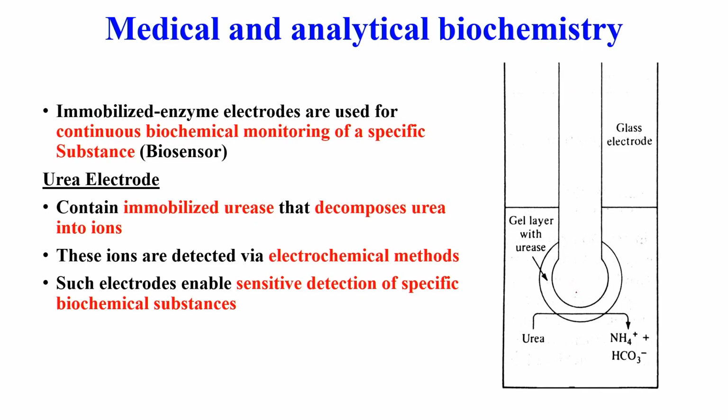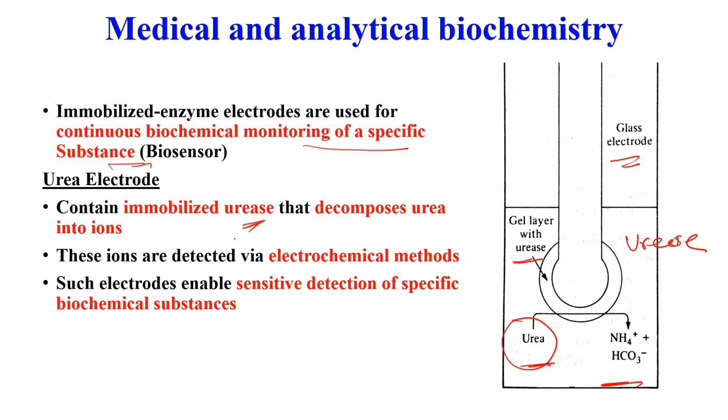Now, next application we will see medical and analytical biochemistry. So, if you can see here, you have this glass electrode which has a coating of enzyme, that is the urease, which will convert urea to ammonia. So, immobilized enzyme electrodes are used for continuous biochemical monitoring of specific substrate. So, here the substrate will be urea.